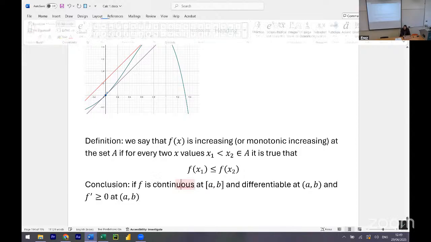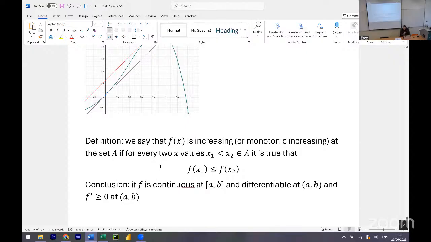So I have a function which is continuous and differentiable, and the derivative is always non-negative. What can you say about the function?